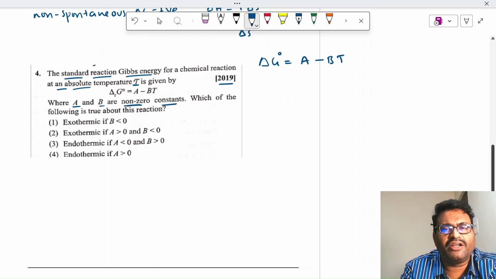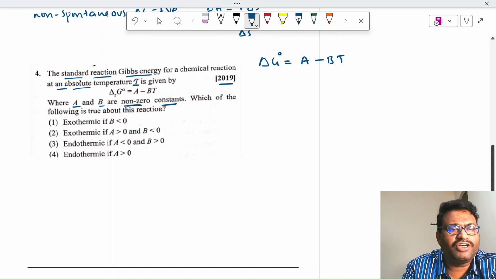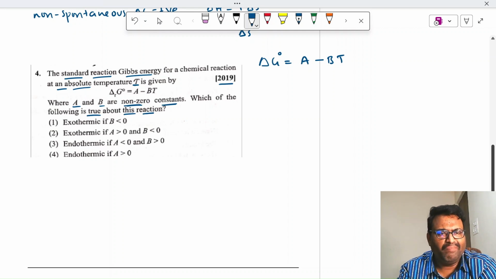Anyway, capital T will be greater than 0. Which of the following is true about this reaction?